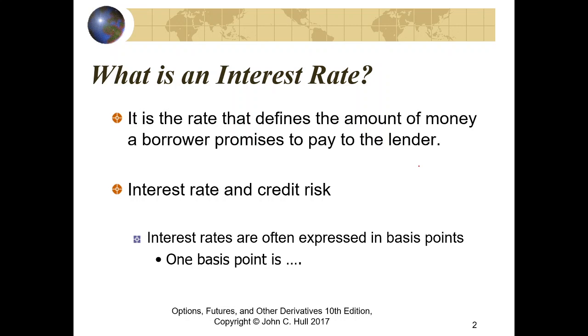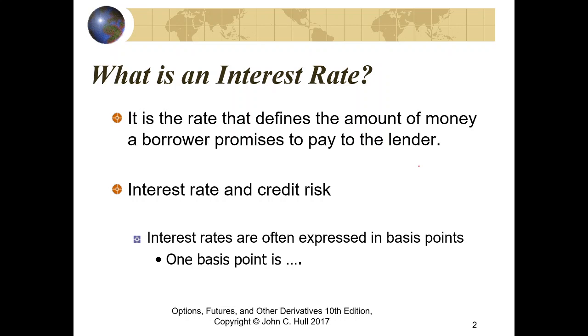Now, what is the relationship between interest rates and credit risk? Before we discuss that, let's remind ourselves, what is credit risk? The credit risk is the risk that the borrower will not be able to pay back the interest, or will not be able to return or pay back the principal amount.